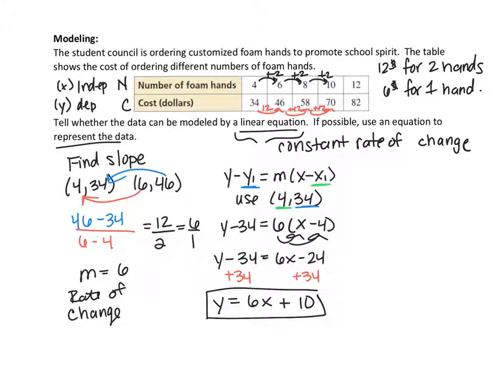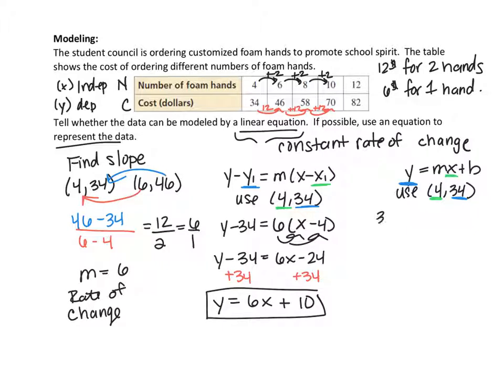You could have also solved this problem starting with slope-intercept form. So let's do that real quick. So we can also use the same point (4, 34), where the y value is going to be plugged in for the y, and this x value is going to go in for x, and then we already learned that our slope was 6.